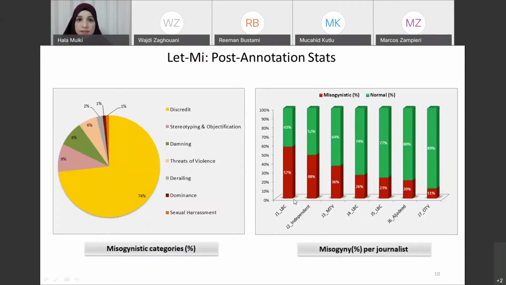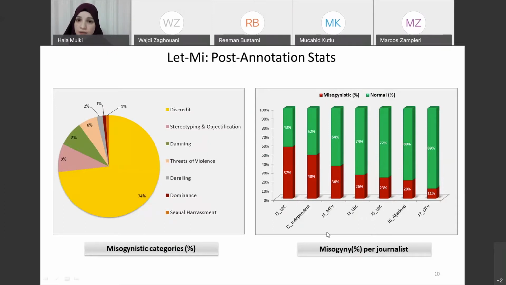As we can see here, the discredit category is dominant among all the misogynistic categories. This can be attributed to the fact that users, while attacking women, follow the easiest way, meaning just throwing slurs at women, while the other types of misogynistic language require a more complex composition of the tweet.